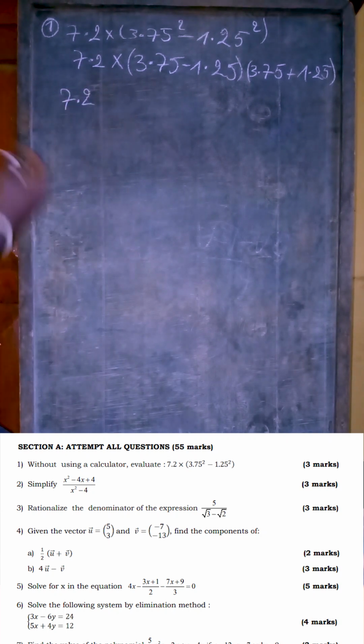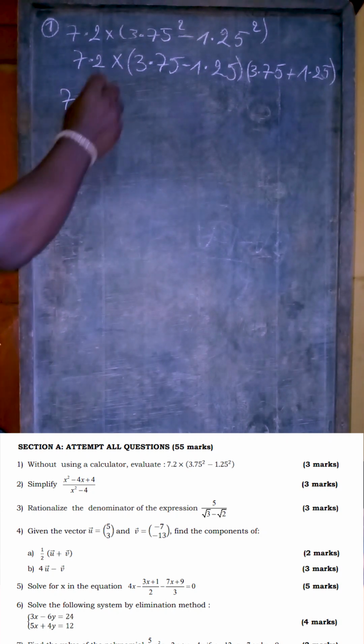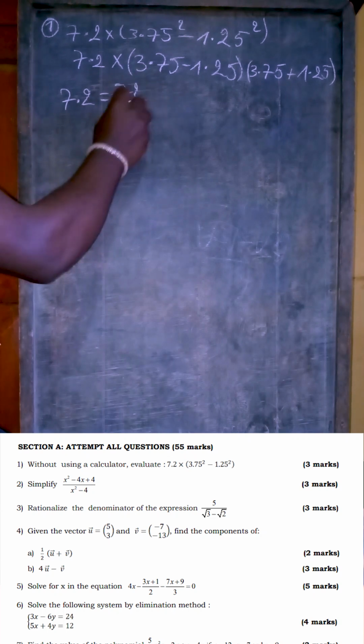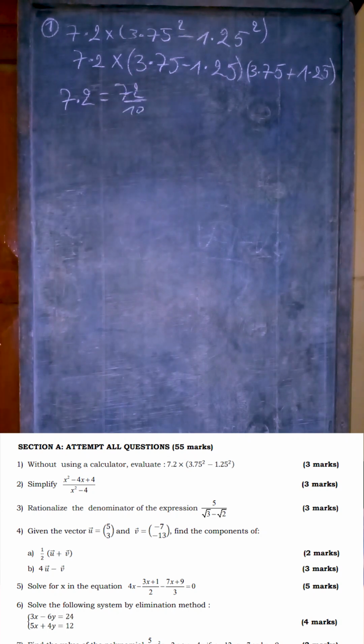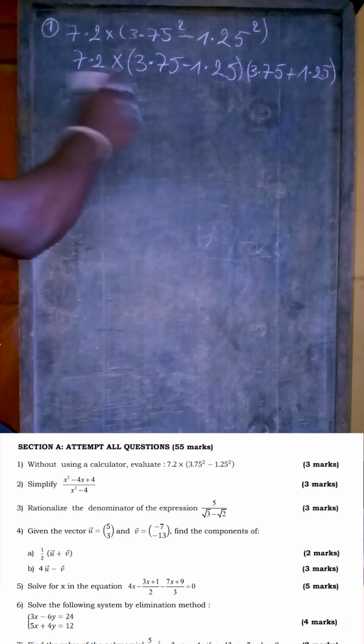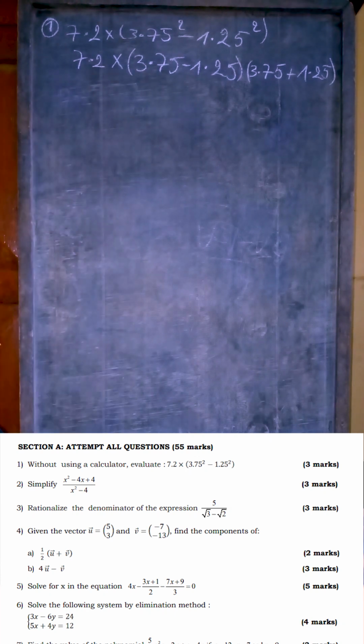7.2 is equal, of course, to 72 over 10. As you know, we are going to use 10, 100, and all denominators with zeros.